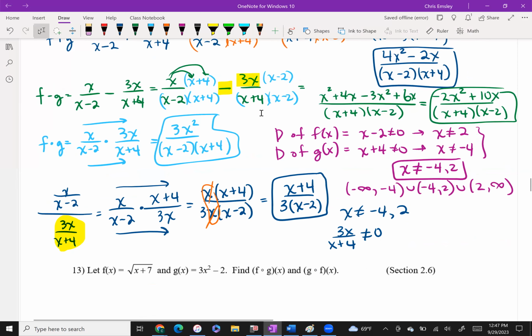So to solve that one, we'd multiply both sides by x plus 4. So we get 3x cannot be 0. If we divide by 3, we get that x cannot be 0. So for the domain of our quotient, we have to throw in there also x cannot be 0.